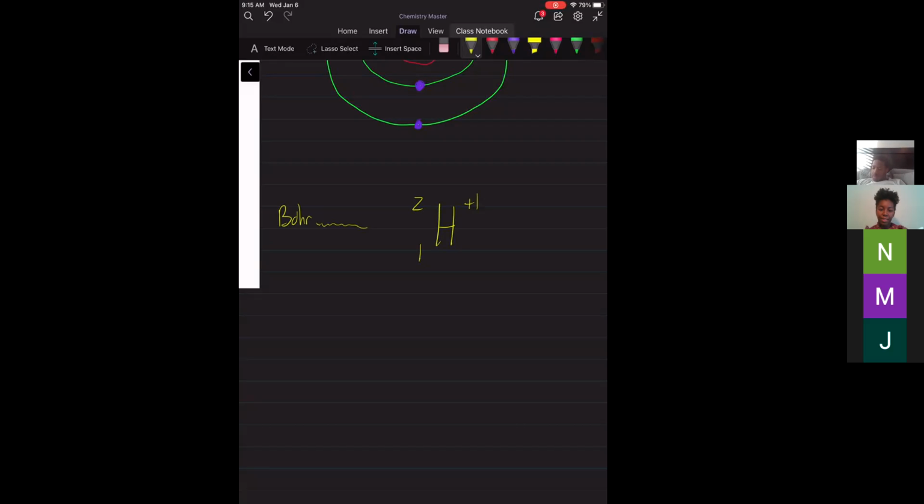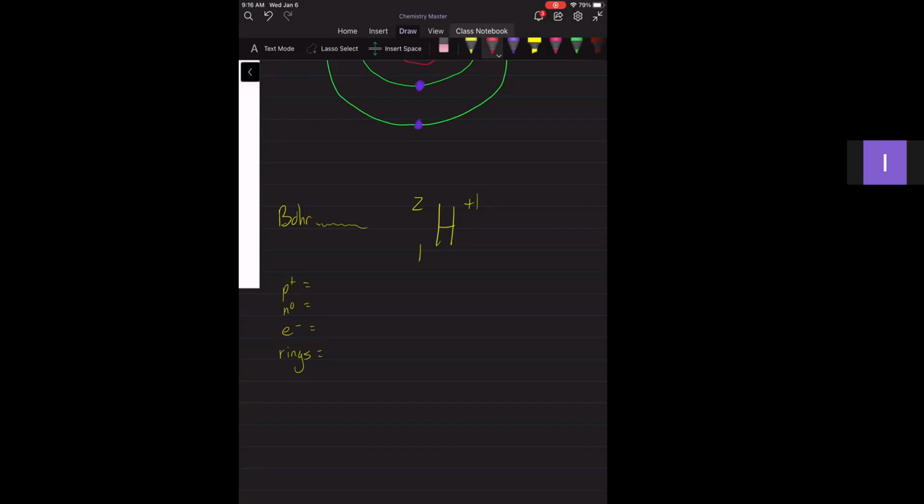We still have to figure out protons, neutrons, electrons, and rings. I'm not going to say this is the easy one necessarily, but let's see if we can finish this before the bell rings.